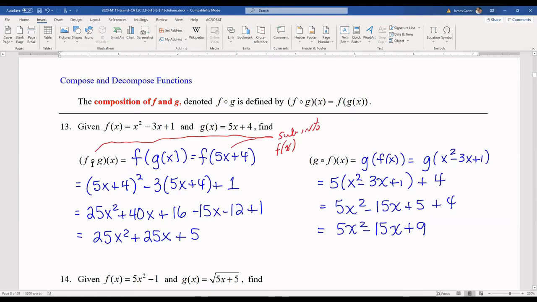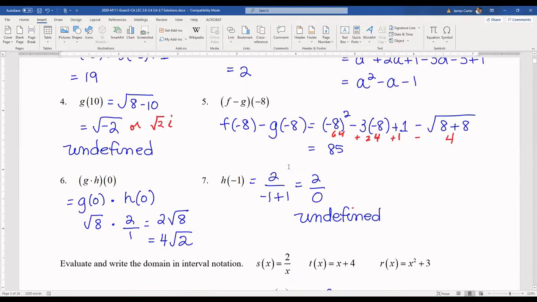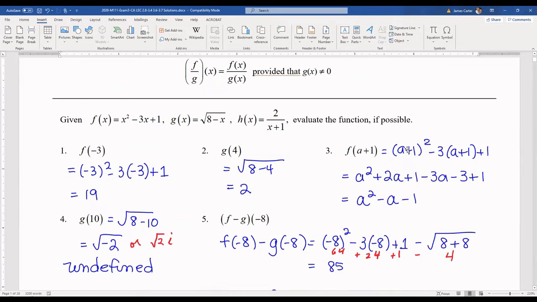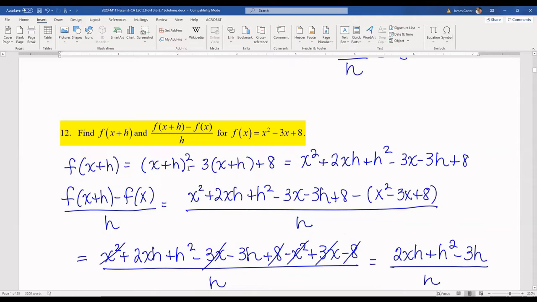What this statement right here means is we're going to take this g equation, which can be defined as g of x, and we are going to use that as a substitution value into everywhere there's an x in the f equation. In a sense, this is kind of like what we did up here, where we used the a plus 1 as a substitution into every x. It's a very similar process.